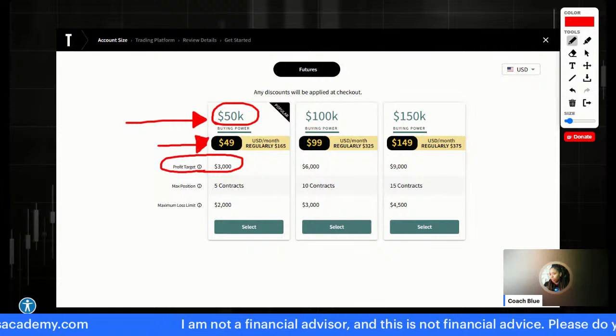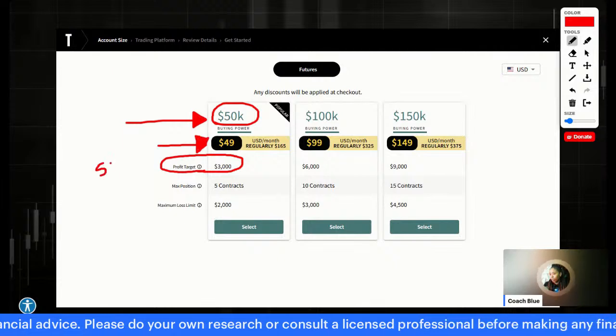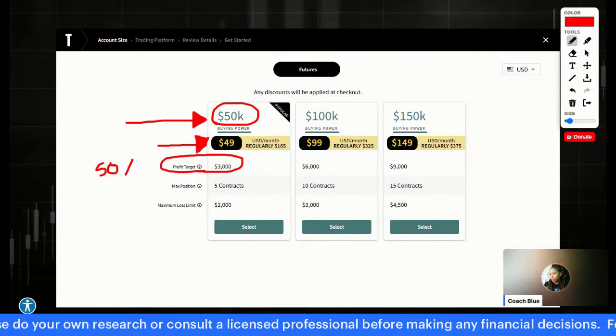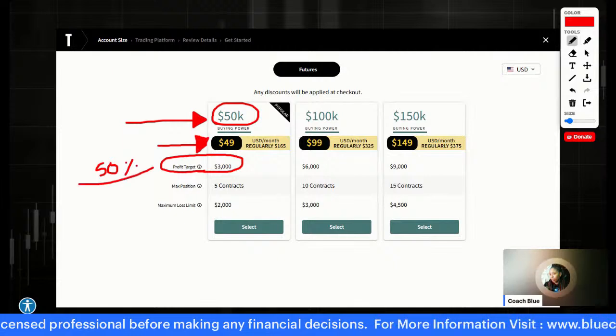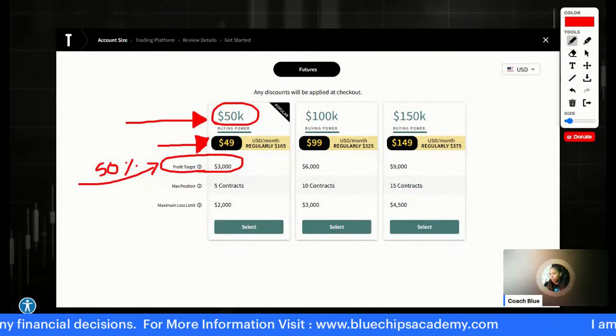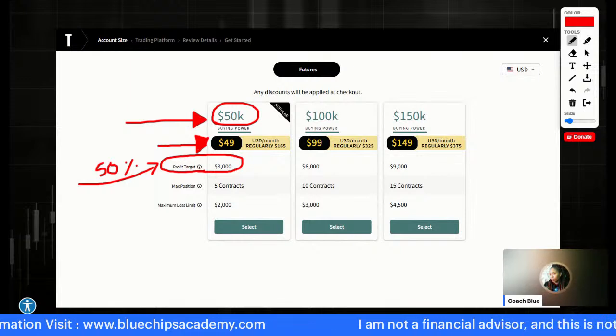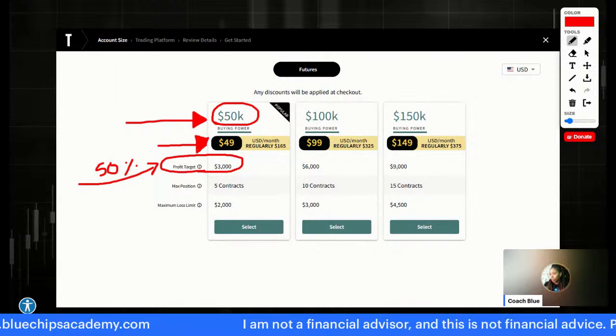What does that mean? With the express funded account, what they're telling you is that you can keep 50% of your profits until you have 30 winning days. Once you have 30 winning days, you can keep up to 100% of that, within that $10,000 frame.